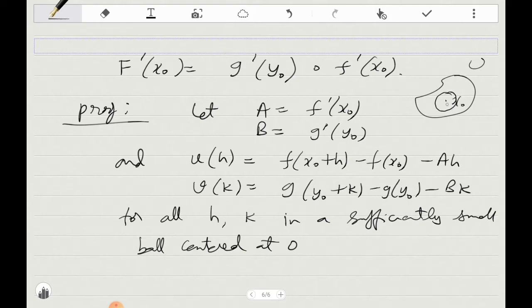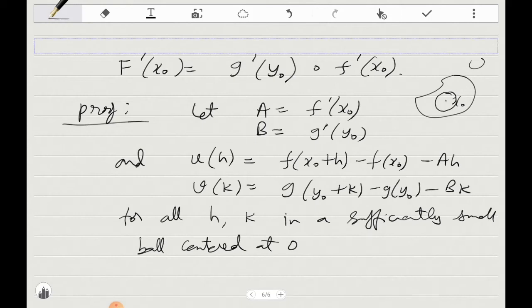Likewise, the domain of g is an open set, y naught is in the domain, and so if k is sufficiently small... oh, I should be a bit careful here. Here I said for all h, k in a sufficiently small ball centered at 0.